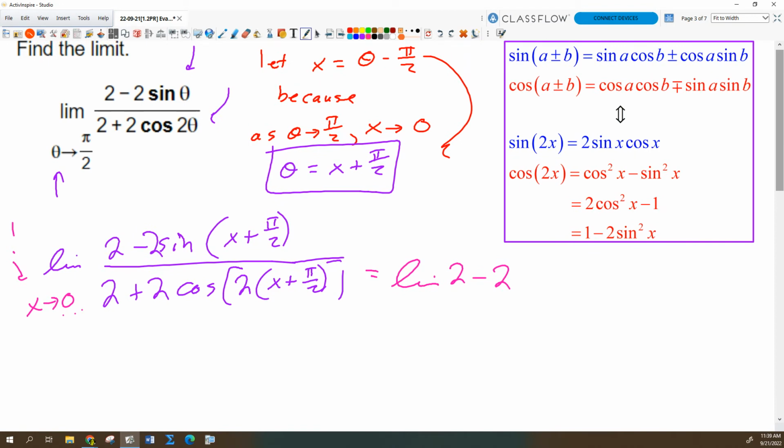Okay, so what do we get then? If we do this sine of a sum, sine of x plus pi halves, isn't that going to be, by this top identity, 2 times the quantity sine x cosine pi halves, which is what?